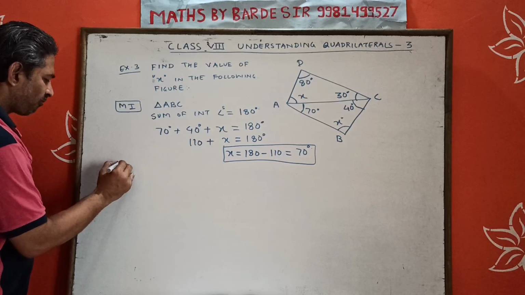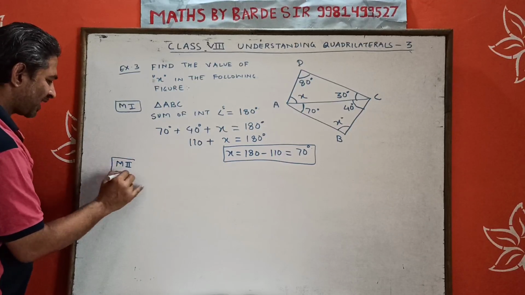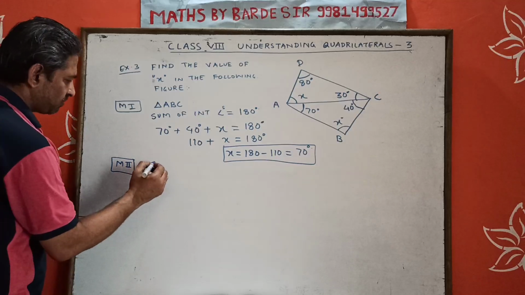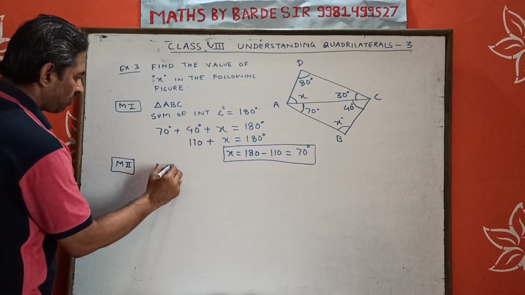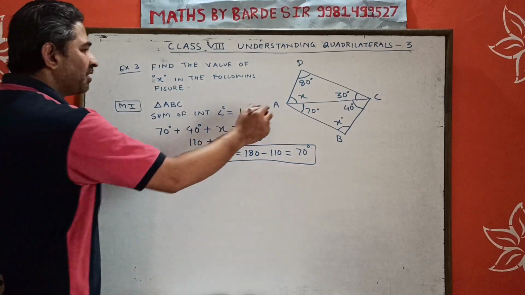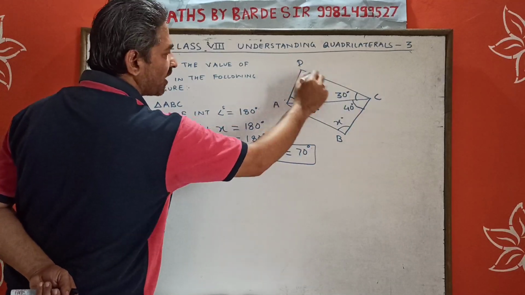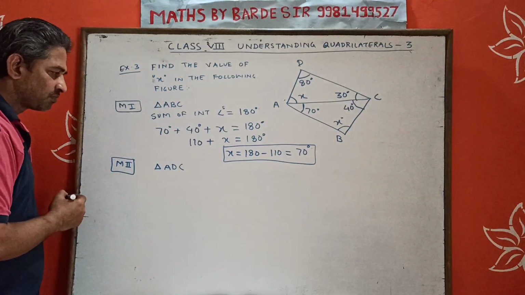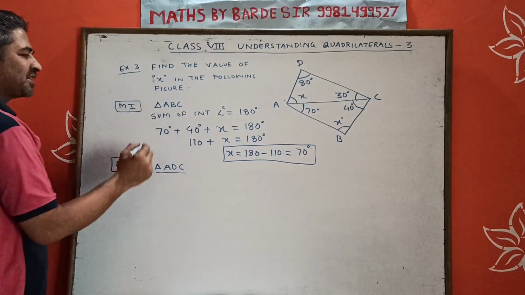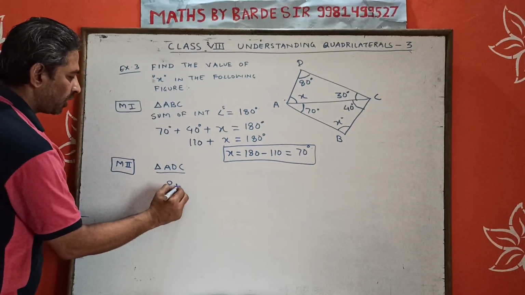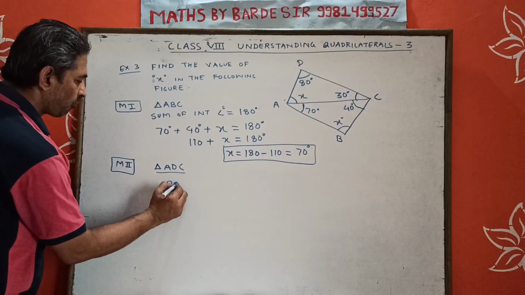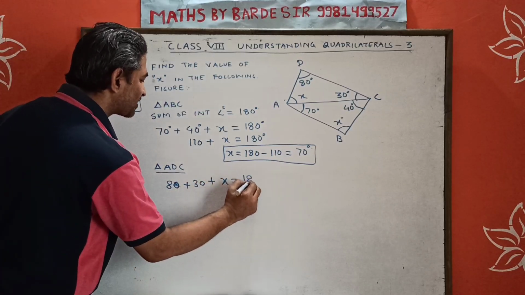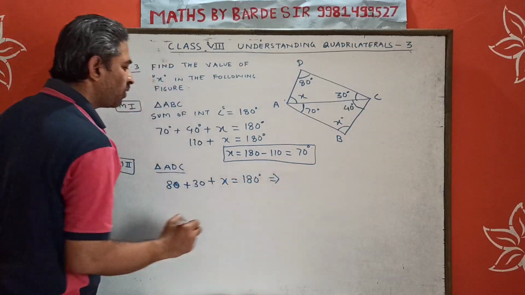Other method, second one. Let's consider triangle ADC only. Similar one. Now we have taken triangle ADC. In this triangle, one angle is 80, one is 30 and one is x. So again using the same property, 80 plus 30 plus x is equal to 180.